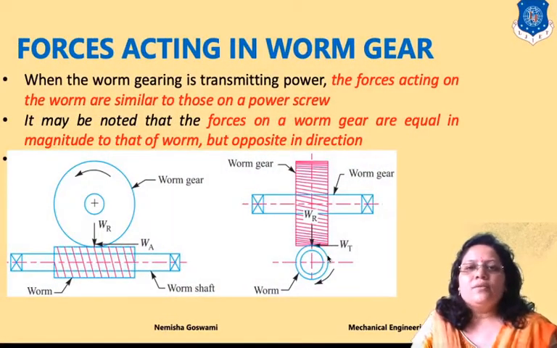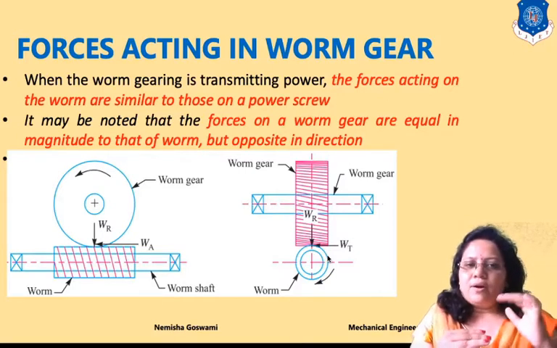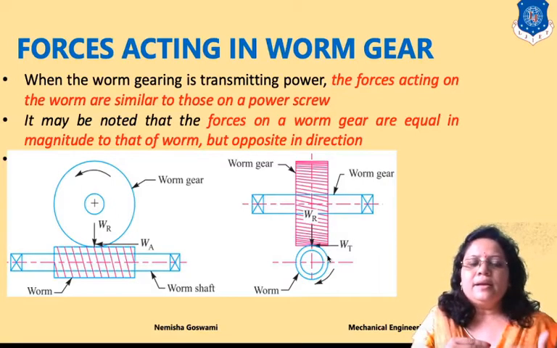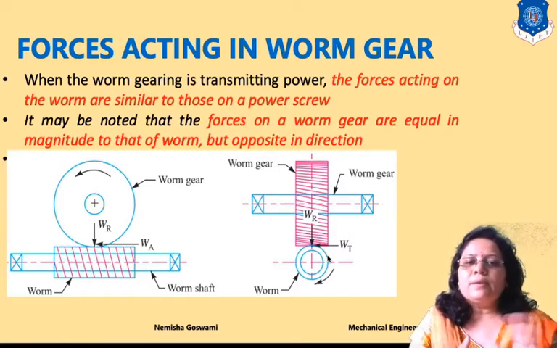Now the next point is, what forces act in a worm gear during operation? The worm gear is used for transmitting power, so forces act on the worm, and these forces are similar to a power screw. We have already seen that the worm behaves like a screw mechanism, so the forces act just like in a power screw.